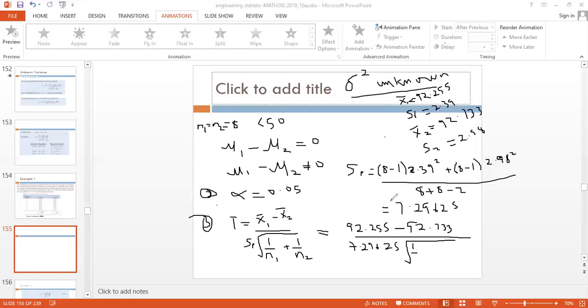Please find the square root. Prince, did you find the square root of your answer here? No, sir. This is a square, so you have to find the square root of it. All right, sir. Okay, so the square root of it is 2.7011. So 2.7011 here, times the square root of 1 over n1, which is 8, plus 1 over 8. So do the calculation for this and give me the answer.